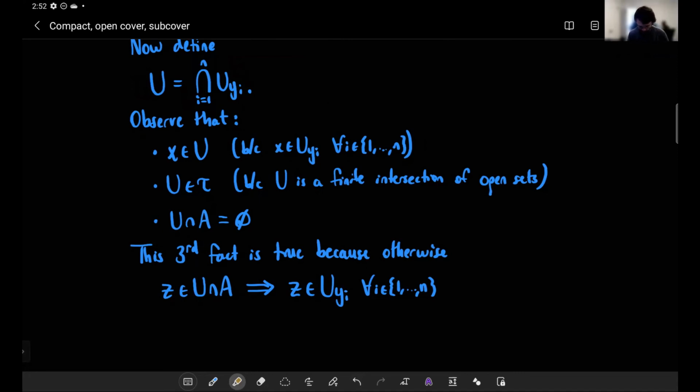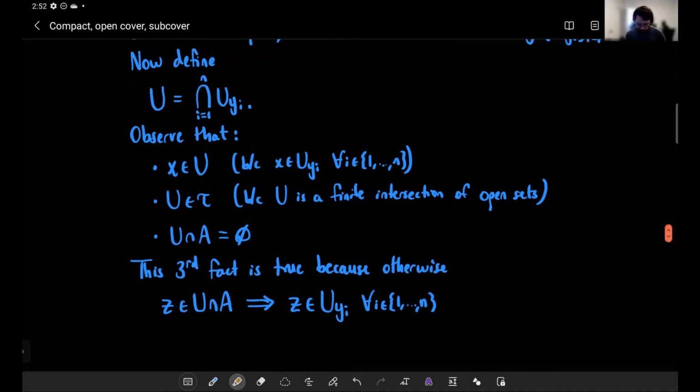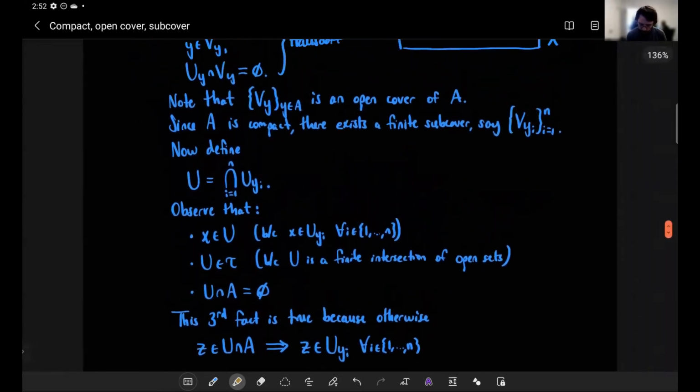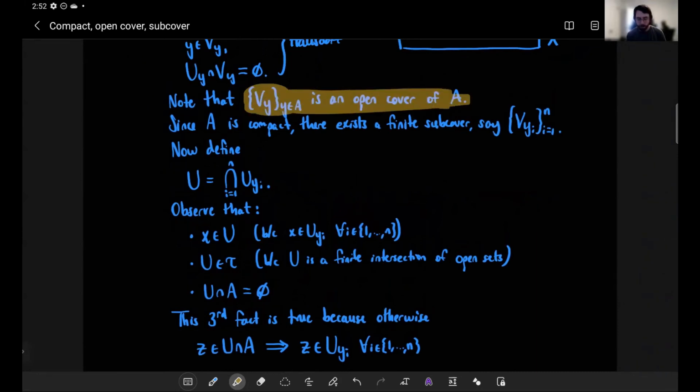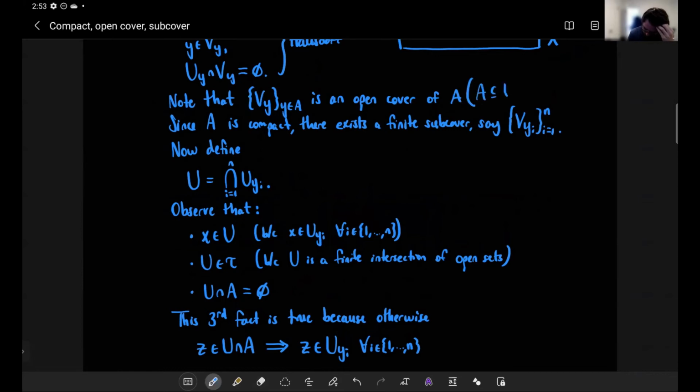What was the defining characteristic of A? Well, I didn't write it explicitly, but we had some interesting property here that we already had an open cover of A. So let's actually write out what that means. This means that A is contained in the union of V sub y's. And in fact, you could say that for the subcover as well. So let's write this down here. A is contained in this union because it's a subcover.